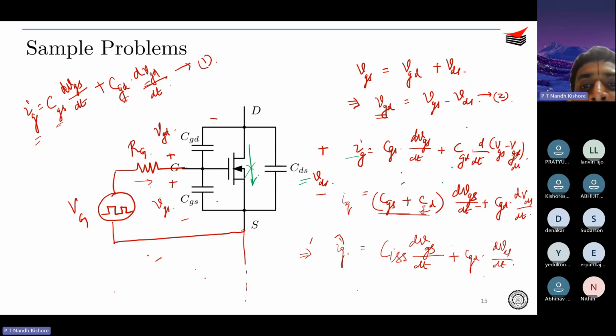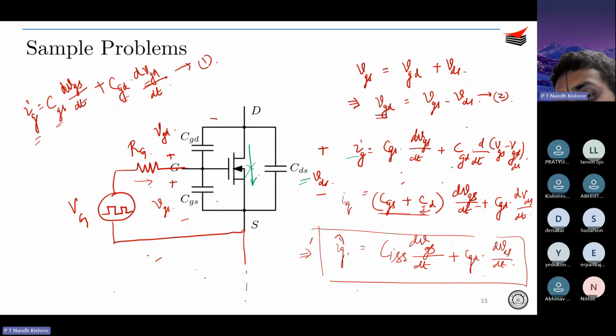And next we had VGS as a summation of VGD and VDS by simple KVL, right? So VGS is equal to VGD plus VDS. I just rearranged the terms, and wrote VGD as VGS minus VDS. Then I ended up with this equation: IG is CISS into dVGS by dt plus CGD into dVDS by dt. Got till this point?